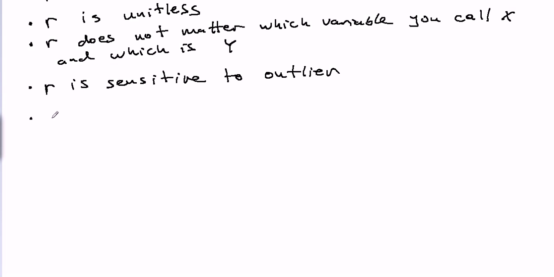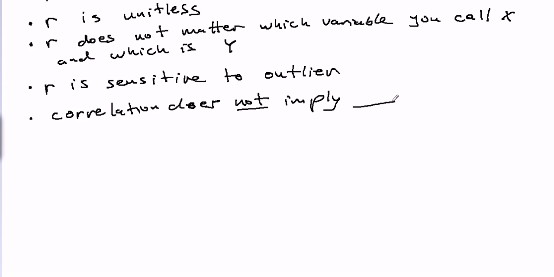We're going to actually draw a couple plots, but before we get there, let me also indicate something very important that you've heard before. Correlation does not imply, you could finish this. I'm sure you've heard this before. Causation. Okay? Correlation does not imply causation. So what does that mean?